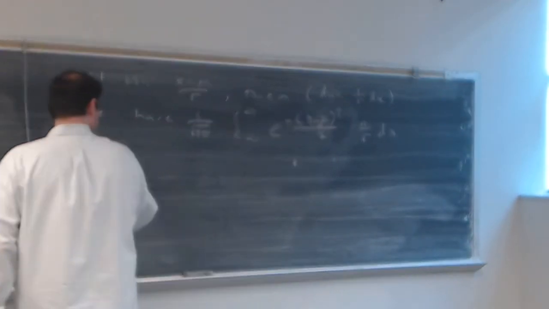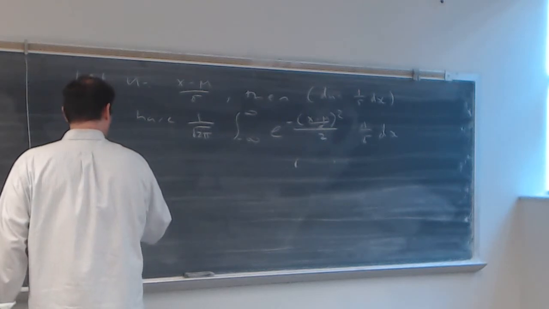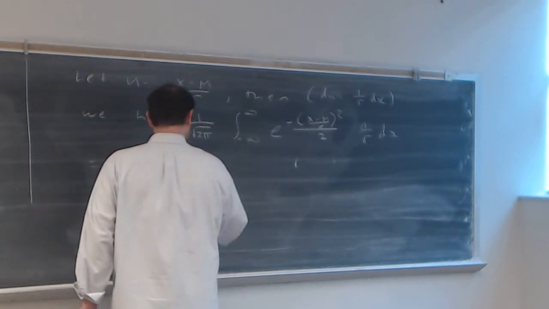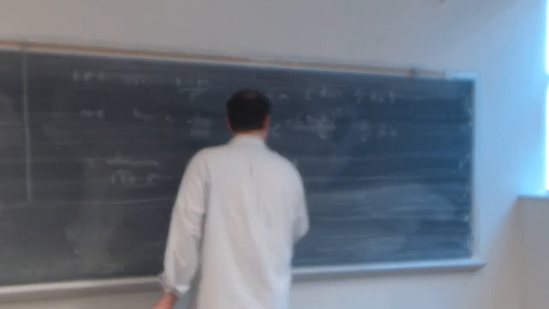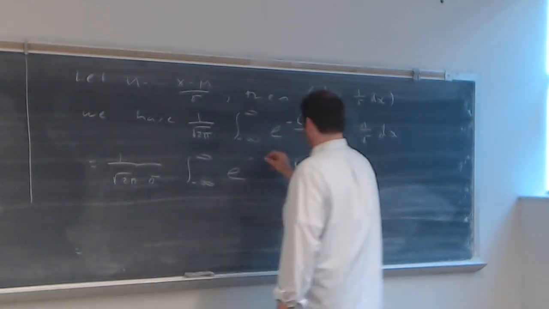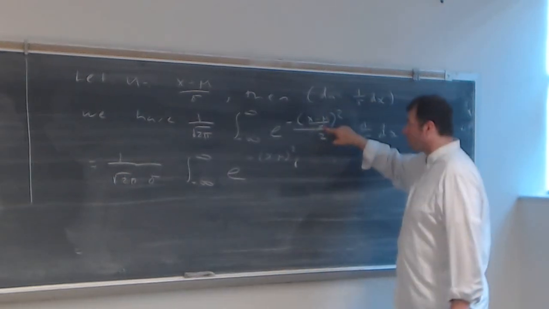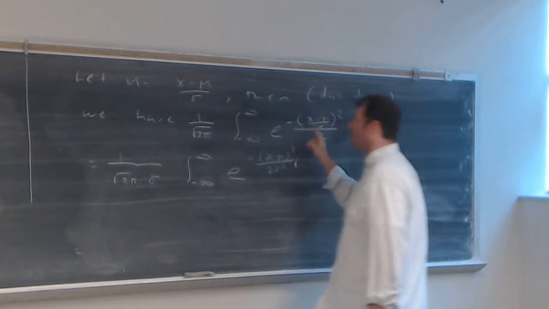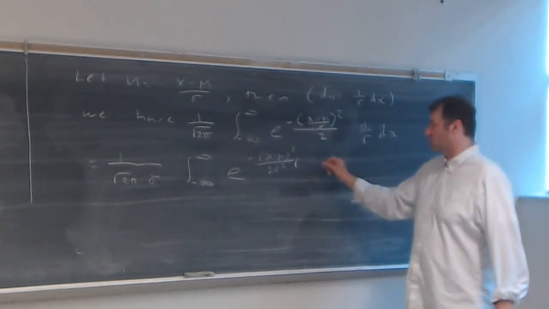And that's equal to 1 over square root of 2 pi. And then the sigma can be taken out because it's a constant. This would be the integral from minus infinity to infinity of e to the minus quantity x minus mu, all that squared, over sigma squared, but we could put that in the bottom. Okay? Then that's what this part would be from the previous integral, but that previous integral was equal to 1.